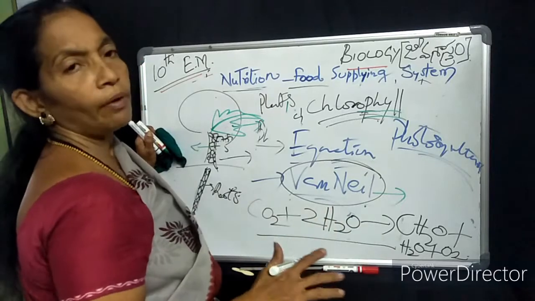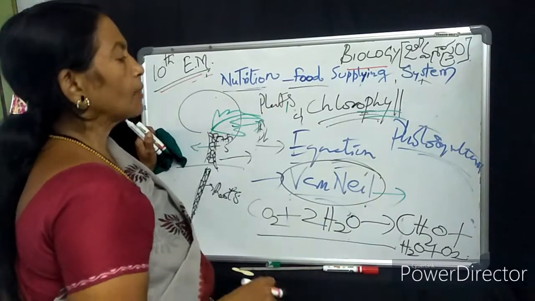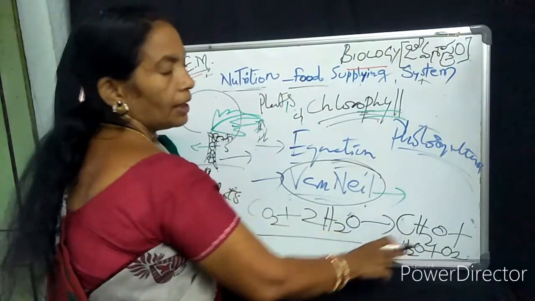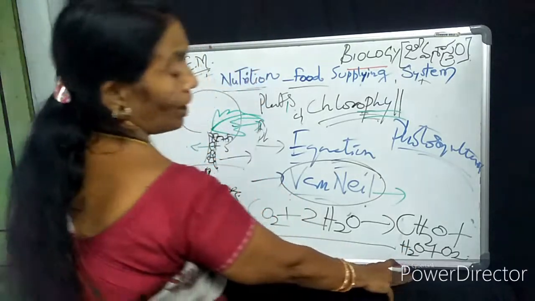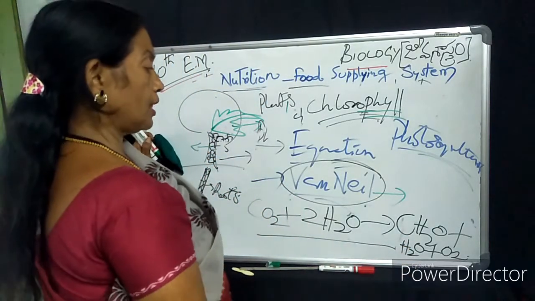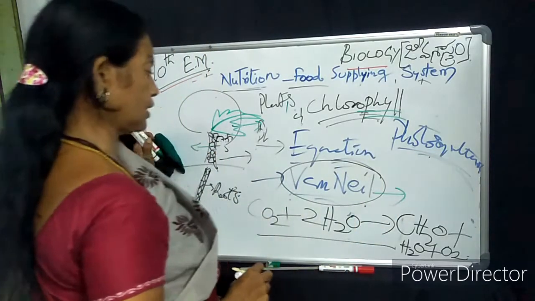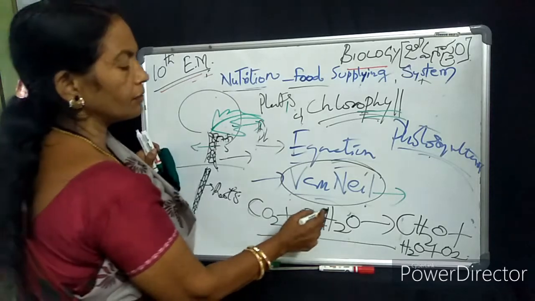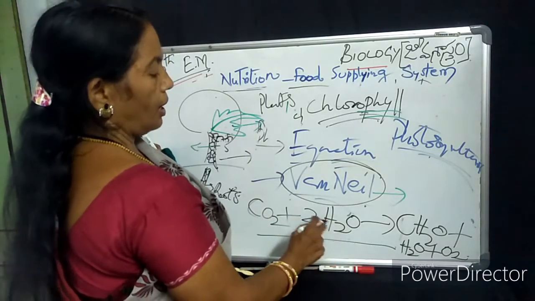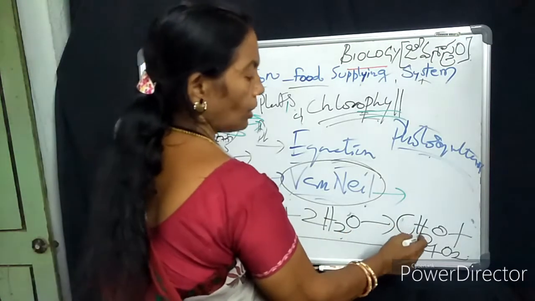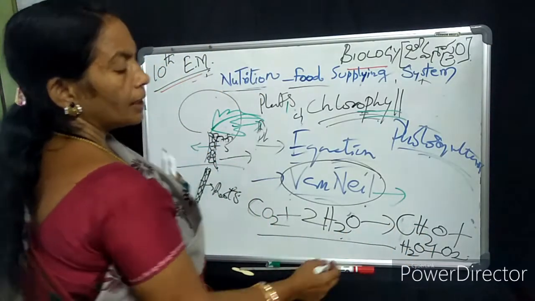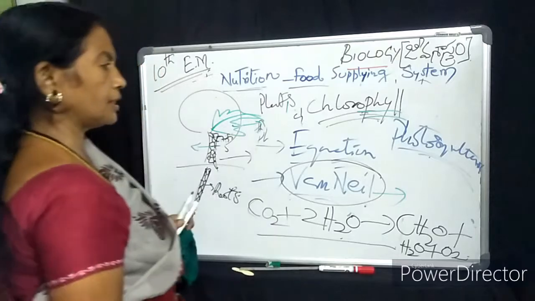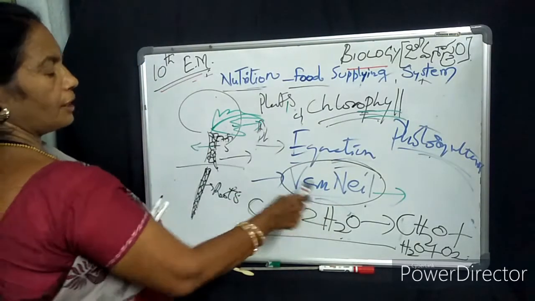With the help of all four factors, the chlorophyll or chloroplast prepares carbohydrate and water content, and it releases oxygen. So Van Neal's equation is one molecule of carbon dioxide reacts with two molecules of water, and it gives one molecule of carbohydrate, one molecule of H2O, that means water content, and one molecule of oxygen. This is the equation proposed by Van Neal.